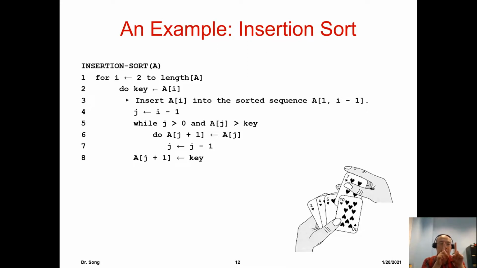We compare one pair of values, and if they are not in the right order, we swap, and then we move on to the next pair, and if necessary, we swap again. So we move one pair at a time from the beginning to the end. And after one pass of the bubble sort, what have we done? We have at least put one value into the right place. So that's the bubble sort.